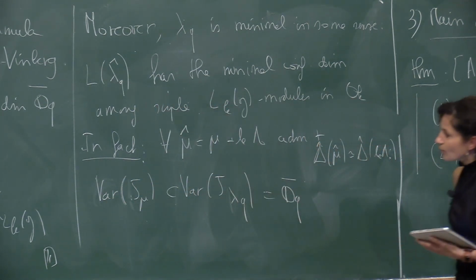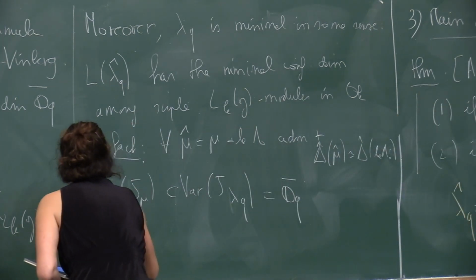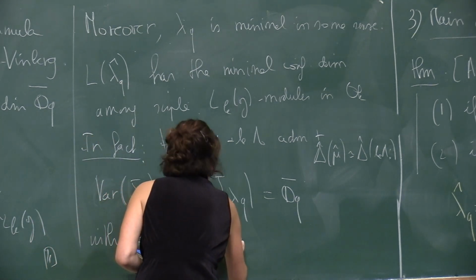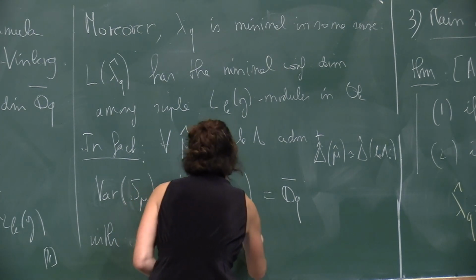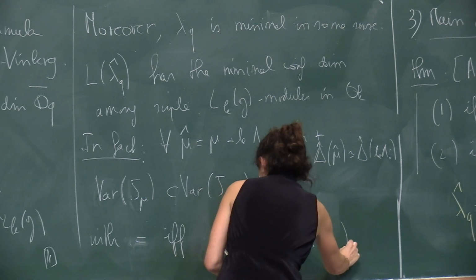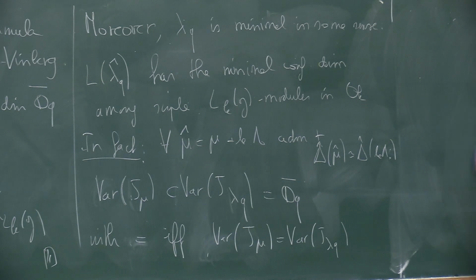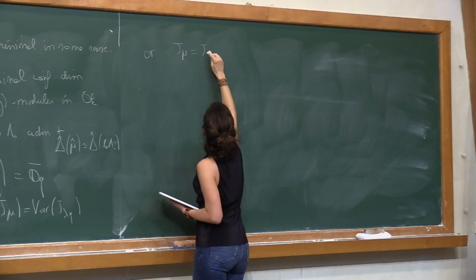So for any such weight, we have this inclusion with equality if and only if either, no, sorry, this is not true. Either we have equality of varieties, or this is a bit weaker. We cannot claim that mu is lambda_Q, but the corresponding ideal in the enveloping algebra is the same. Or G mu is equal to this one.